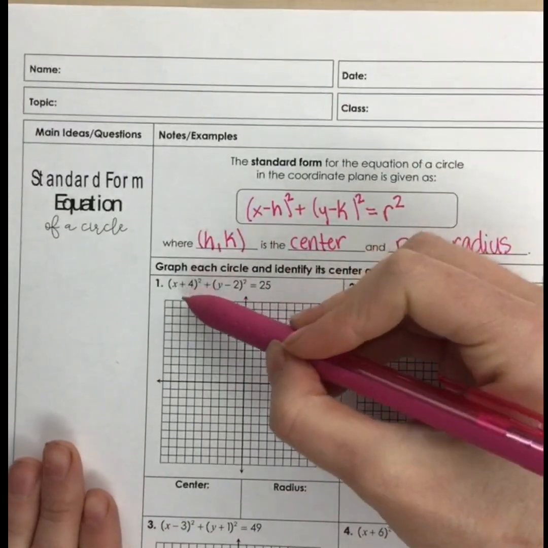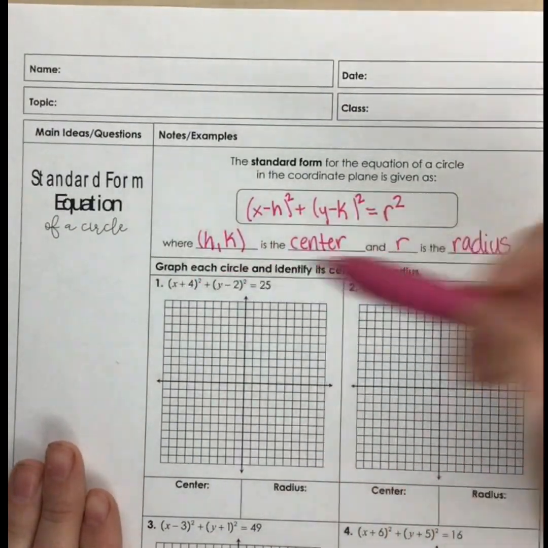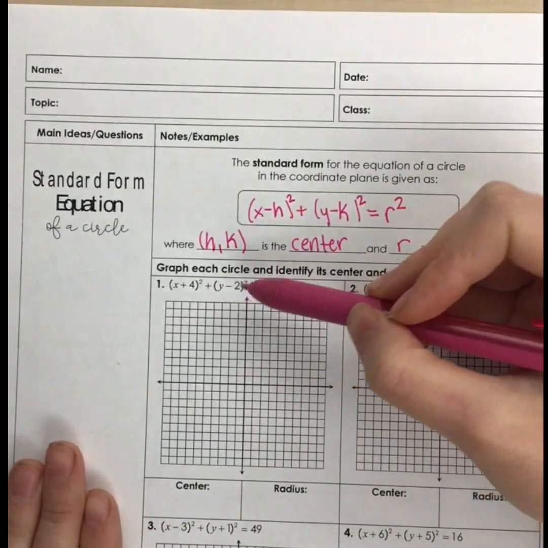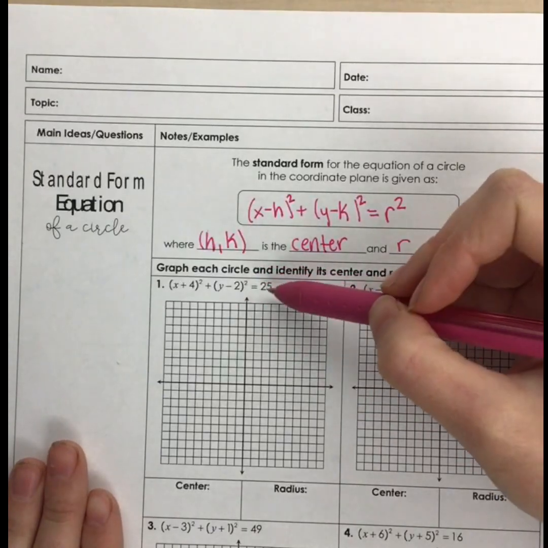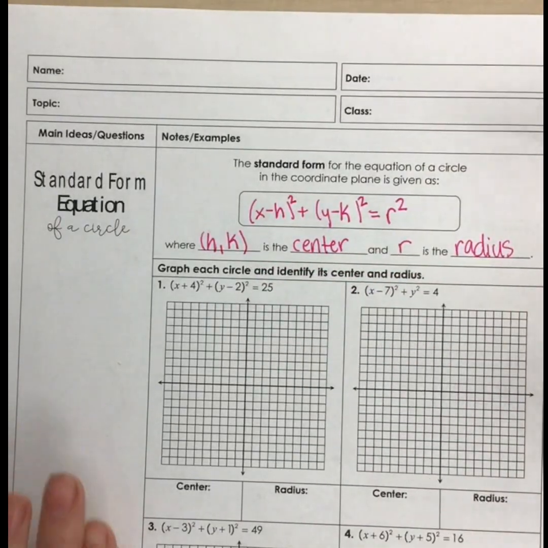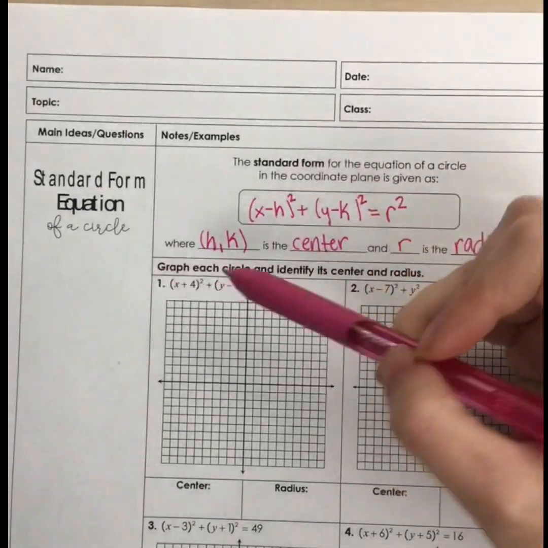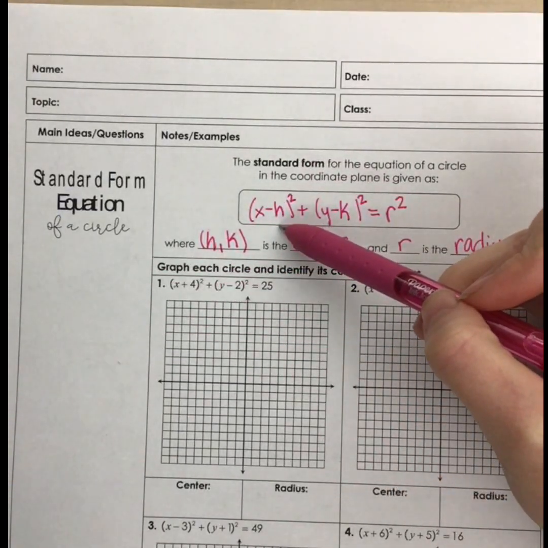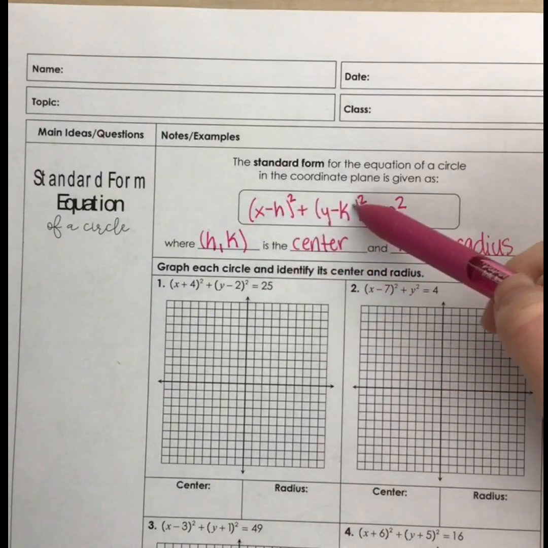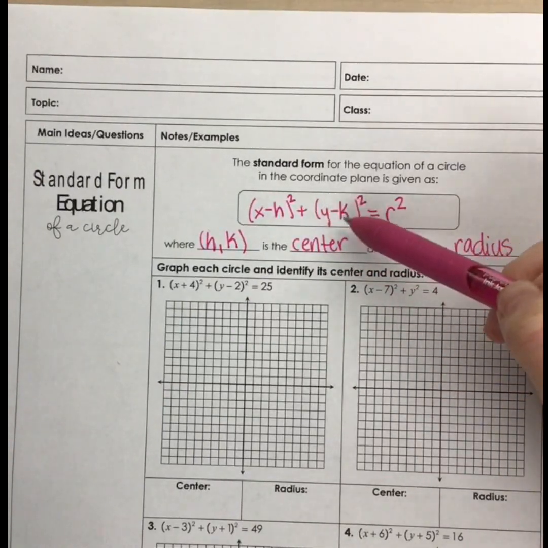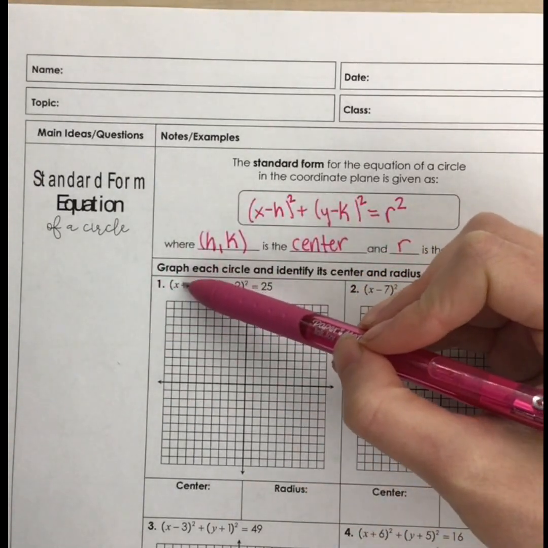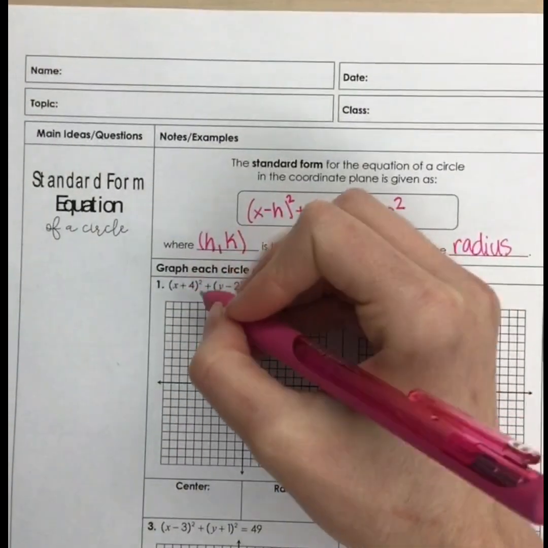If I have (x + 4)² + (y - 2)² = 25. Well, there's a couple of things. First thing I want to do is note that my original equation says that I am minusing these things. So when I see something that's a plus, I'm going to take the opposite of that.